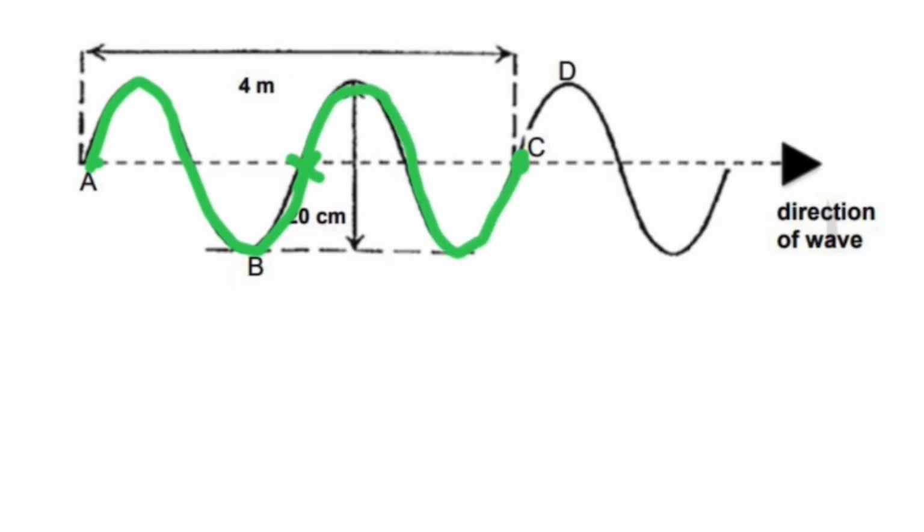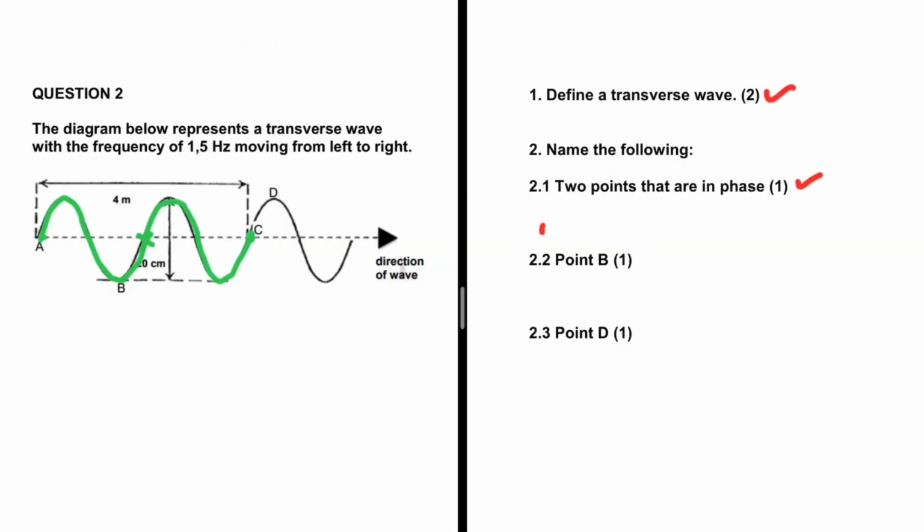So between A and C, we have 2 wavelength, 2 complete waves. So those 2 points are in phase. So the answer to 2.1, we have A and C. There's a whole number of complete waves in between the 2 points.